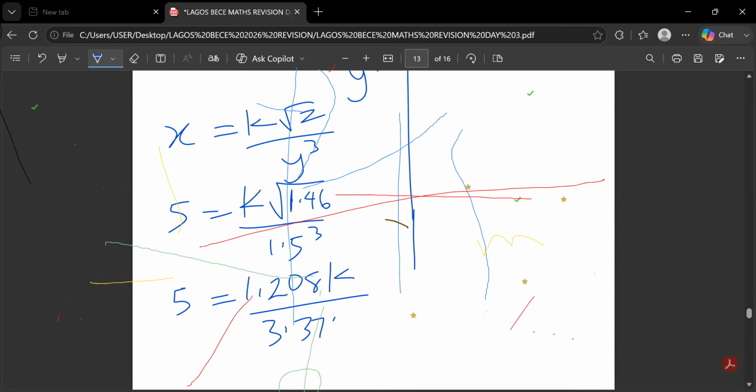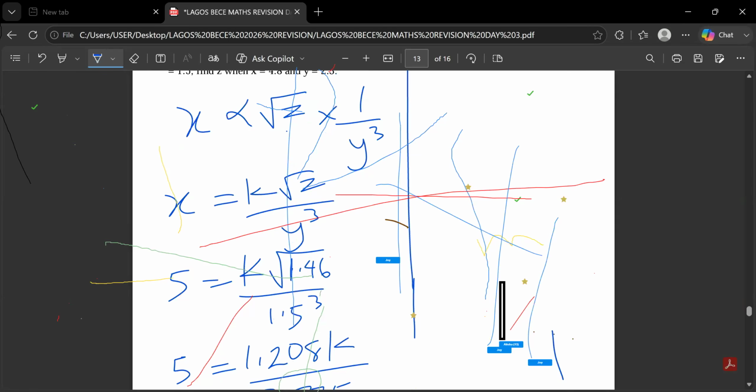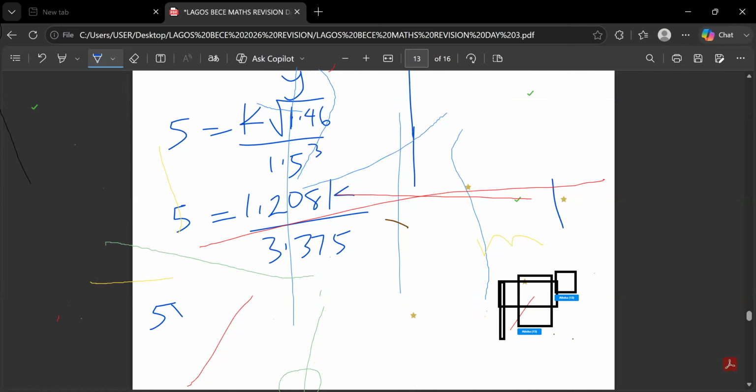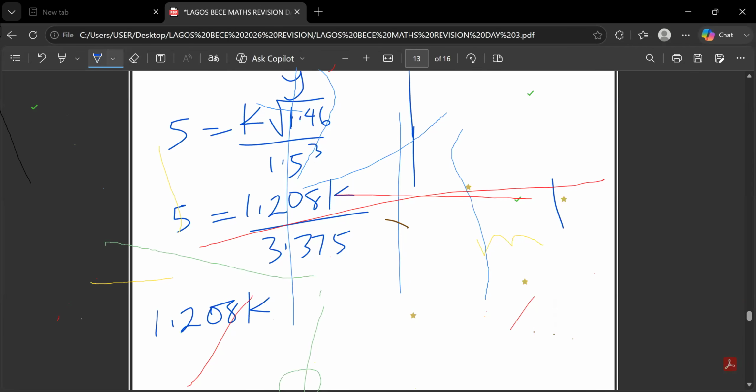So we can cross multiply now. So if you cross multiply, 1.208k equals 1.46 times 3.375, and that is 16.875.